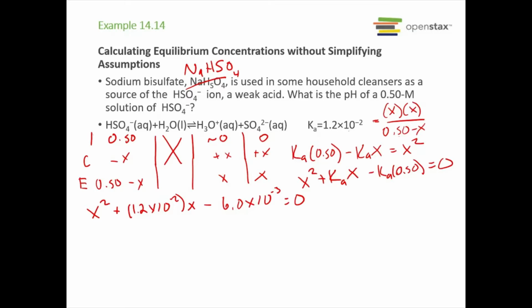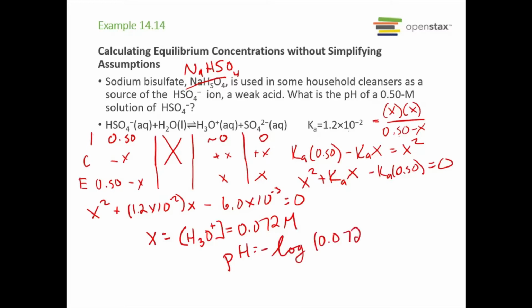When you do that, the negative root can be discarded, and you get that x, which is our hydronium concentration from the ICE table, is 0.072 molar. So then the pH of our solution is equal to the negative log of that, which is 1.14.